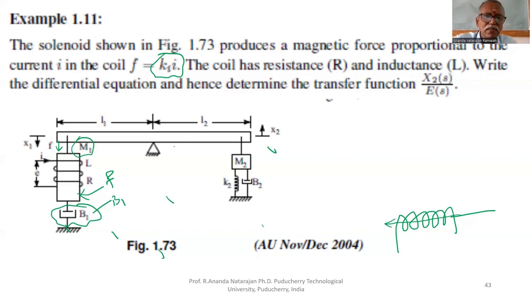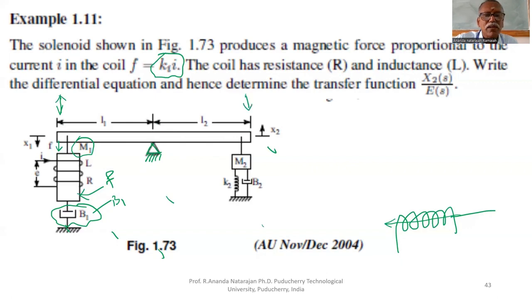The length of the beam is L1 plus L2. At this point, the beam is hinged. You know what hinged means? Hinged means the way a door is hinged. One end is hinged, and that's why you can move the door. Like that, this beam is hinged at this point, so it can move up and down depending upon the force.